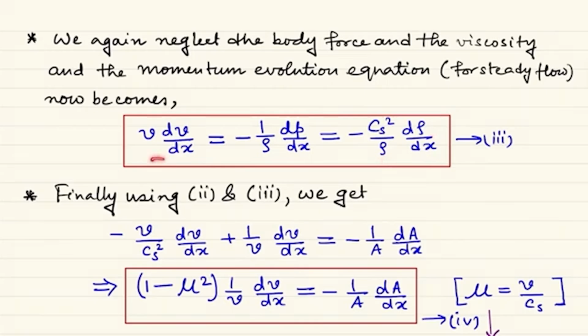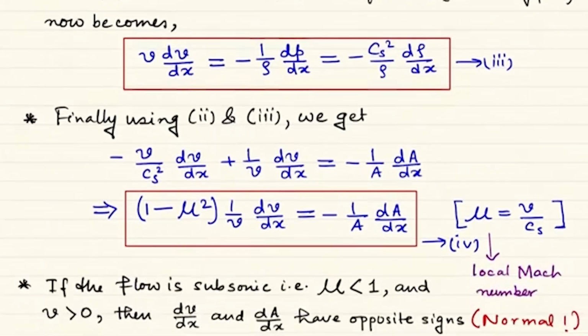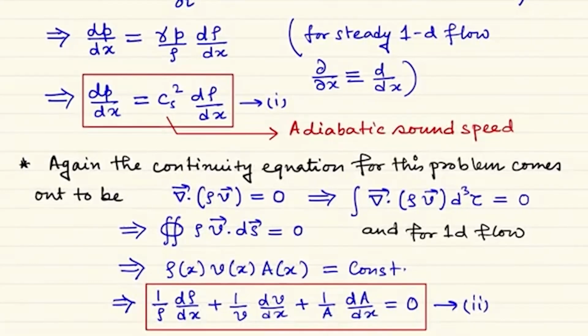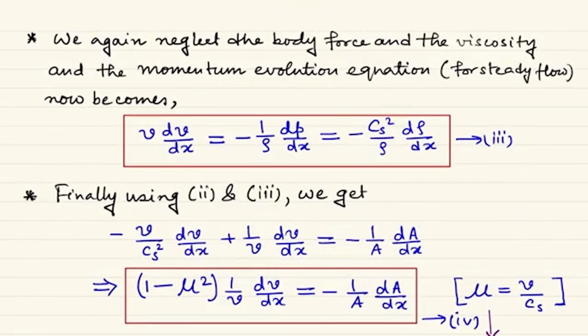So finally we have another relation, equation 3, relating dv/dx and d rho/dx. In equation number 2, we can eliminate 1/rho d rho/dx, and you will see finally you can write this total expression like this: minus v/cs squared dv/dx, which is the part of d rho/dx, plus 1/v dv/dx is equal to minus 1/A dA/dx.